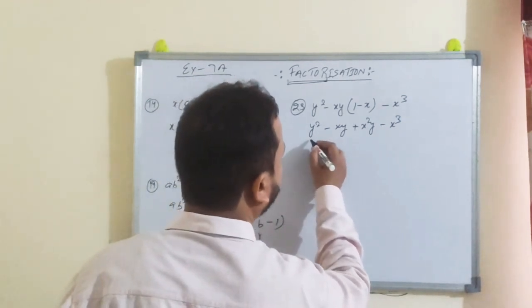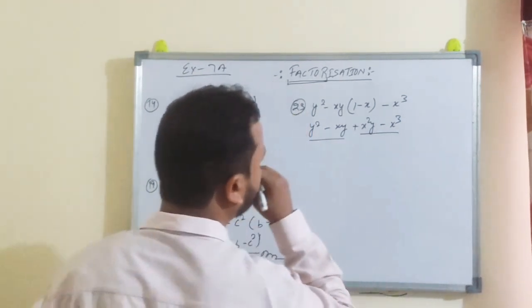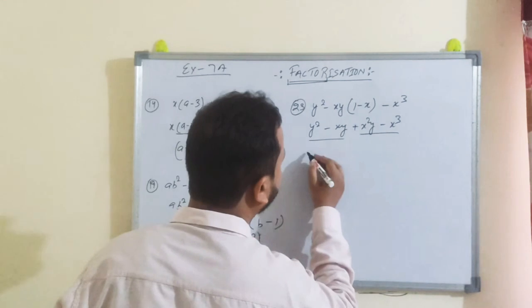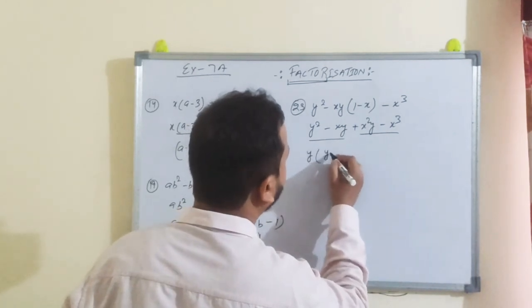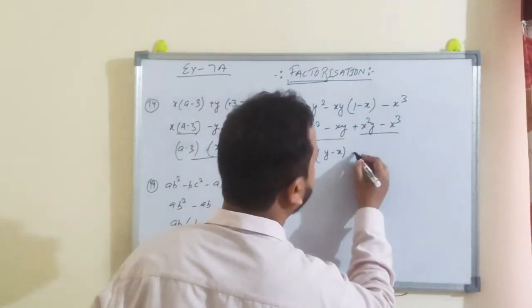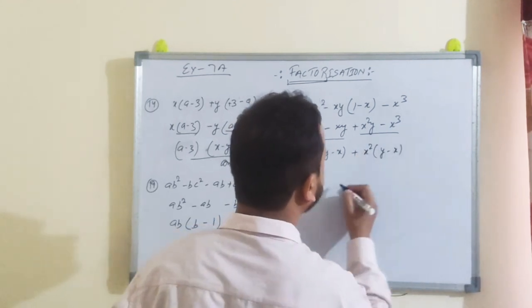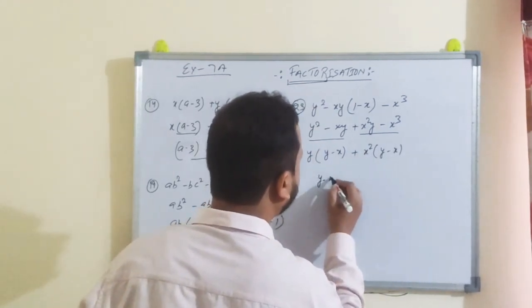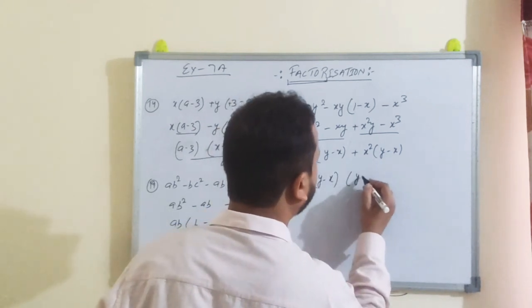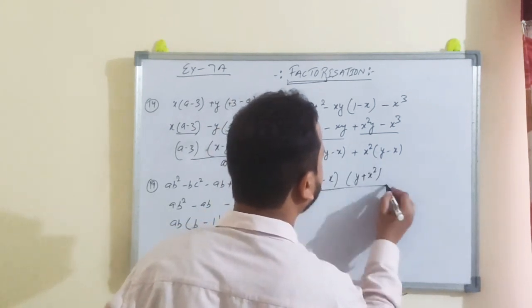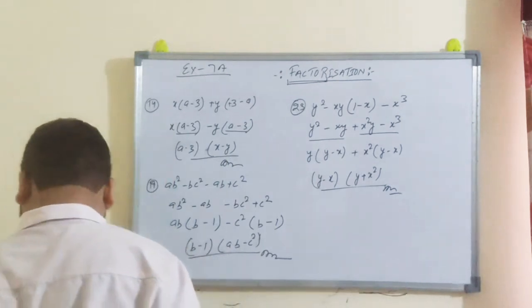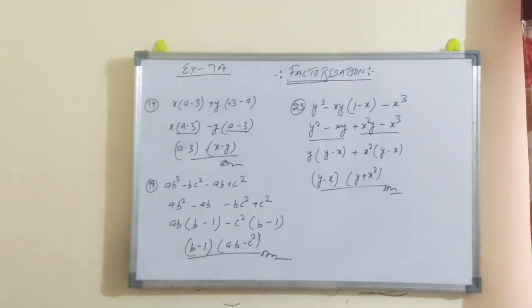So here also group is made actually. So if we take y common from here, y minus x is left, and if we take x square common, y minus x. So y minus x in a bracket and y plus x square in a bracket, and this is your answer. So this way you have to do.